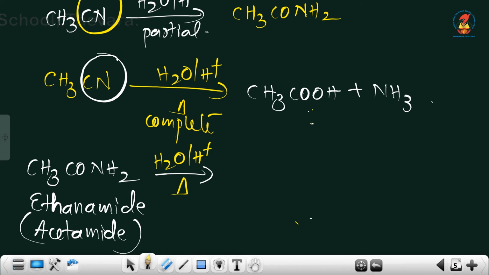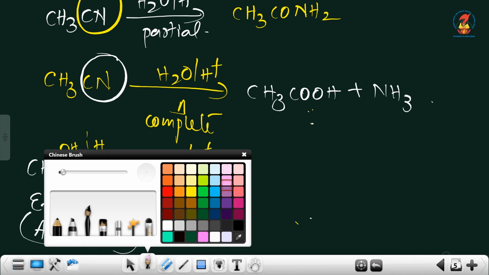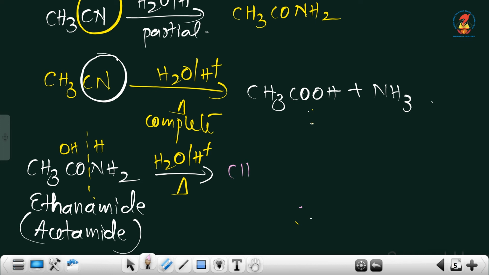And we know how the amide splits; we have to split here and add HOH. So the product will be CH3COOH plus ammonia.